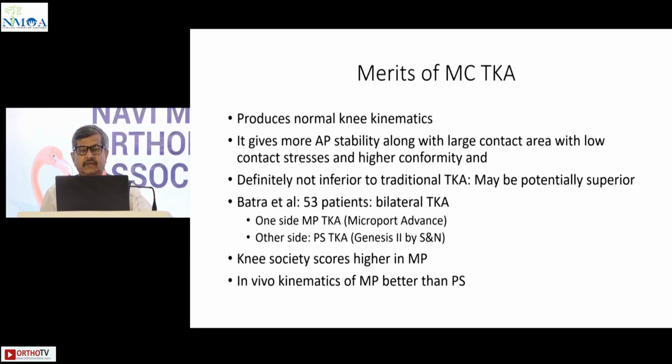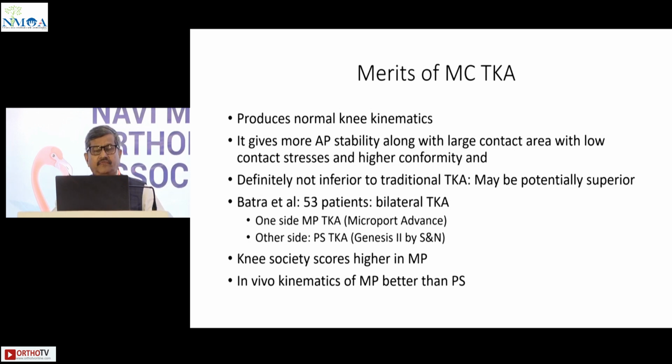Merits of medial congruent TKA: it produces normal knee kinematics. It gives more AP stability along with a large contact area with low contact stresses and higher conformity. It is definitely not inferior to traditional TKA and may be potentially superior. This is a study by Batra et al.